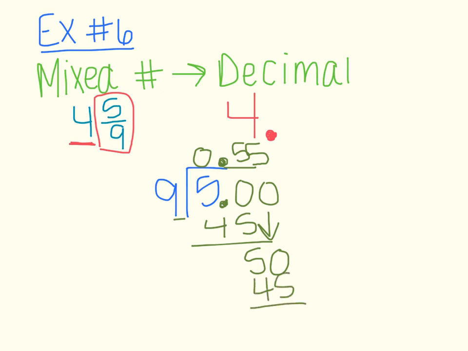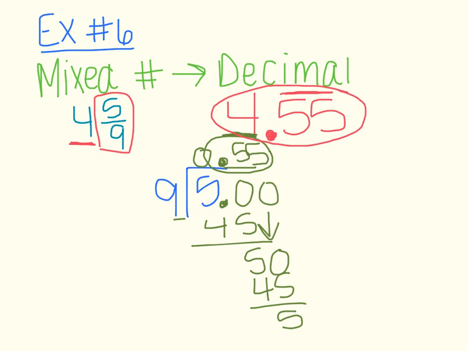I'm going to have 5 left over again, and I'm going to keep getting 5, 5, 5. So remember, we just put a line over it to show that it's going to keep repeating. So here is my decimal portion. I'm going to add that to my whole number. So my answer is 4.55 repeating. So it would really go on forever.